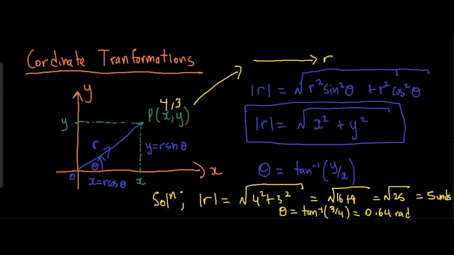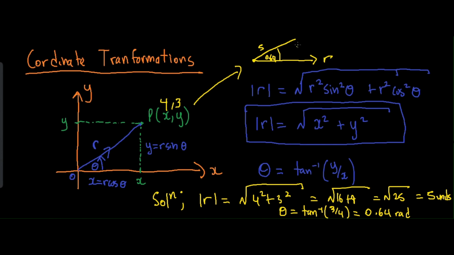So you have the r, and it will make an angle like that, 0.64 radians, and a length of 5.